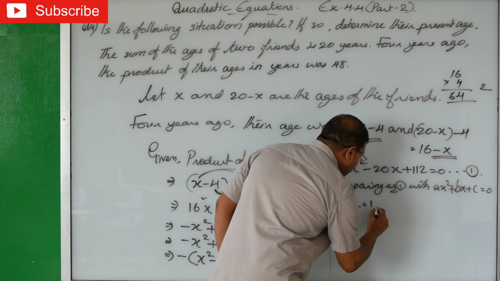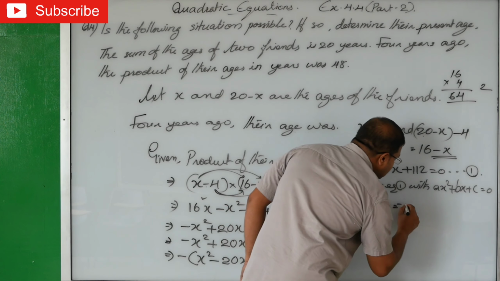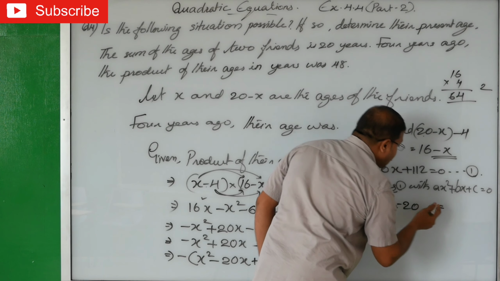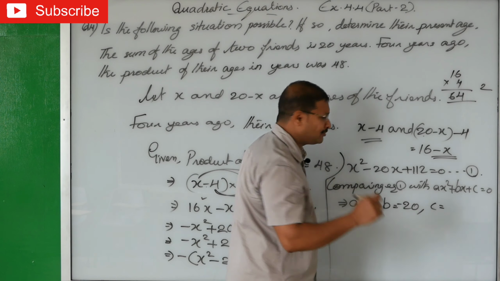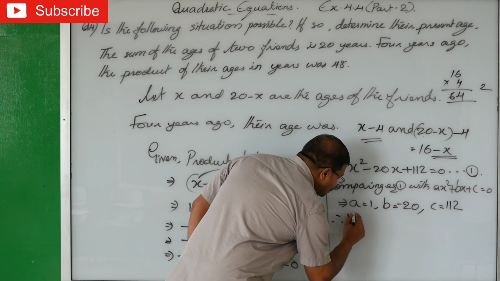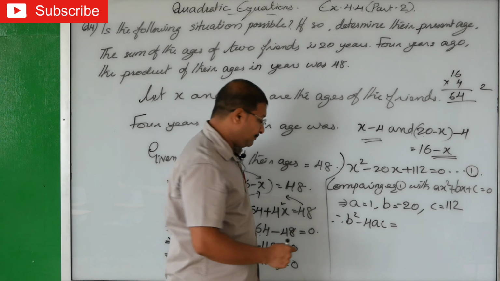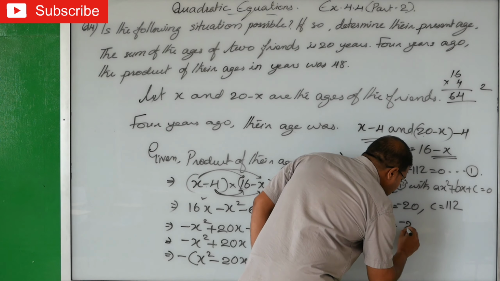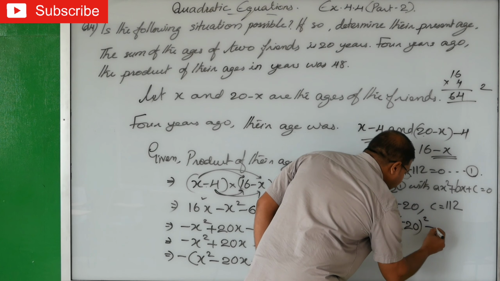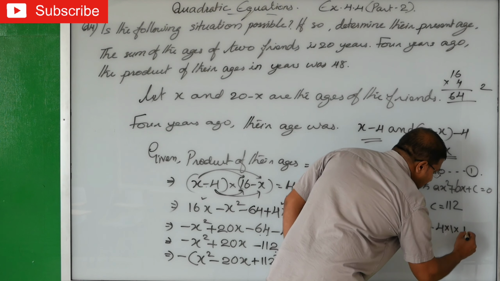So 1, and the value of b, which is near x, is minus 20, and the value of c is 112. Now what will you do? Therefore b square minus 4ac equals the value of b, that is minus 20 the whole square, minus 4 into the value of a, 1, and c, 112.